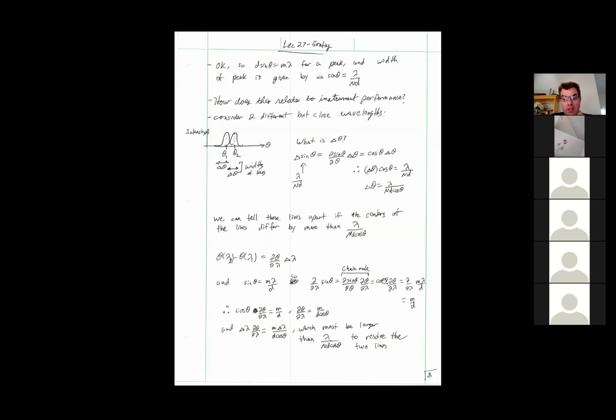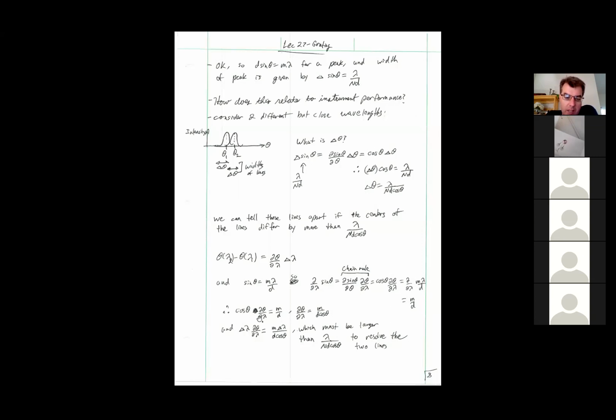Derivative of sine theta is cosine theta. So I've got cosine theta, derivative of theta with respect to lambda is the derivative of all of this with respect to lambda because this is sine theta. M lambda over d is most definitely sine theta. And the derivative of all of this with respect to lambda, well, m is a constant, d is a constant. So I got some constants times lambda. When I take the derivative with respect to lambda, I've just got the constants.